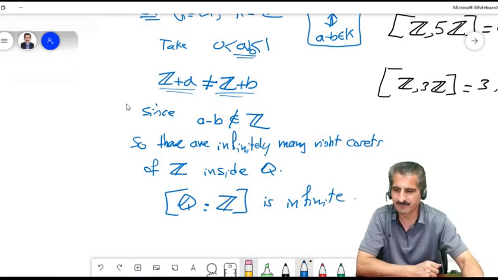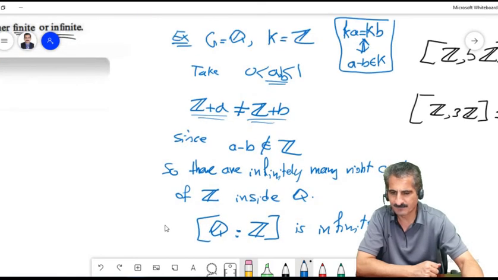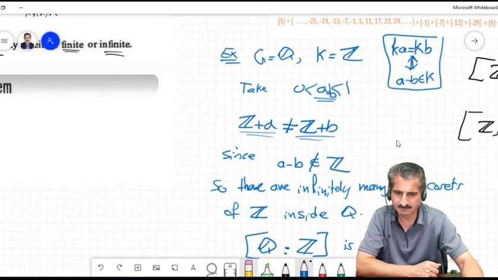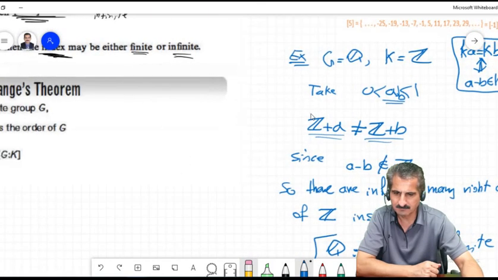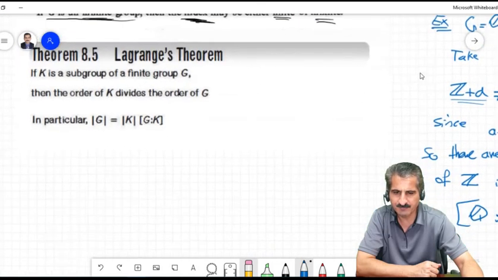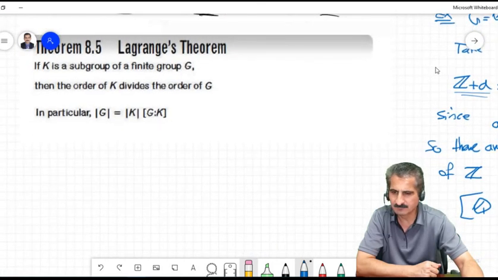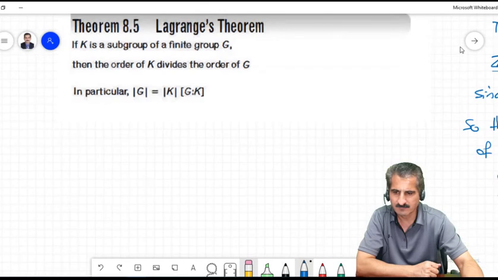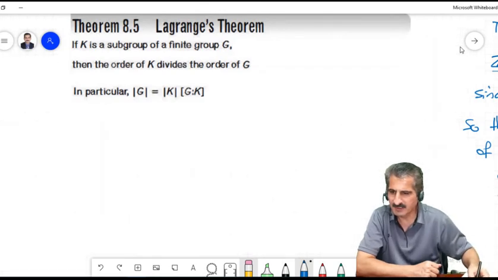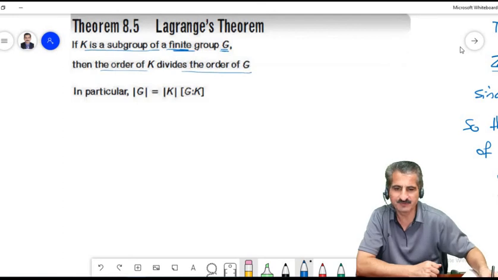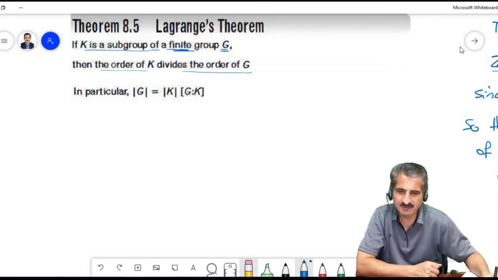Okay, now we go to Lagrange Theorem, which is a very important theorem. If K is a subgroup of G and G is finite, then the order of K divides the order of G. Simply, we are saying here K is finite.